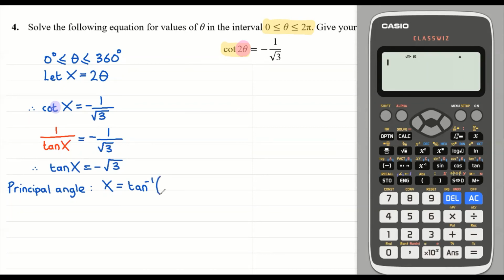I hope you're all saying it with me. We're going to remove that negative, okay? The CAST diagram deals with a negative, so we remove it when we're finding the principal angle. Again, I'll make a note of that just to stress it if you're revising from your notes later. So remove the negative sign.